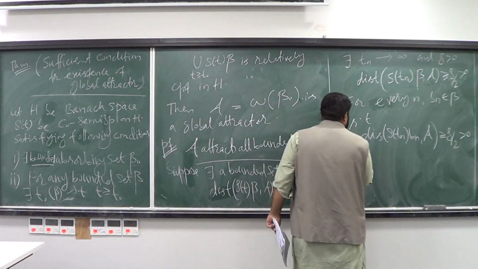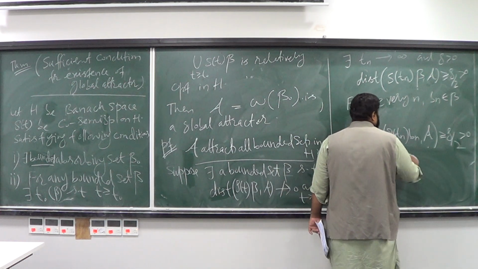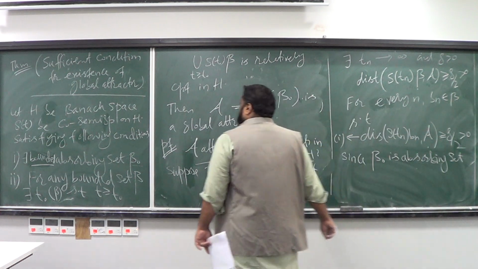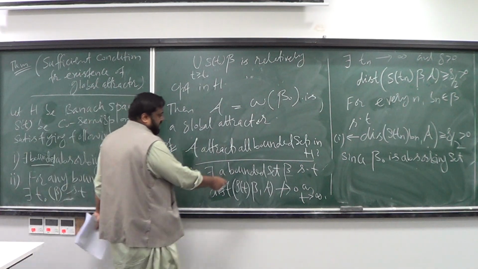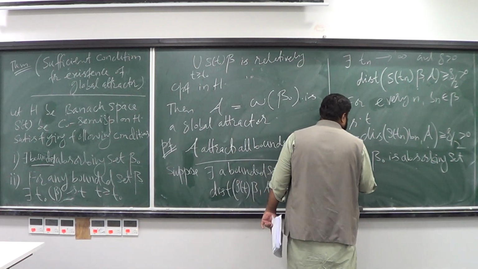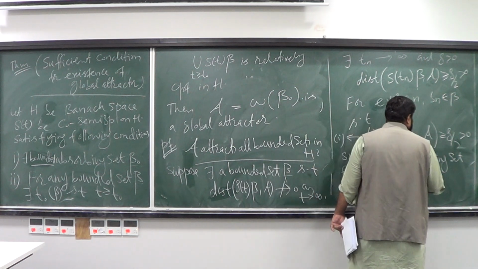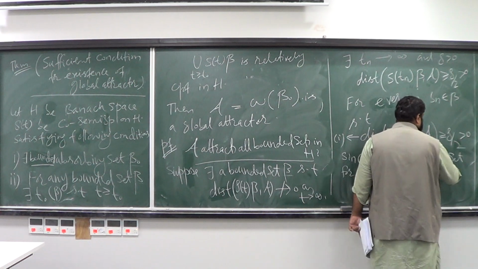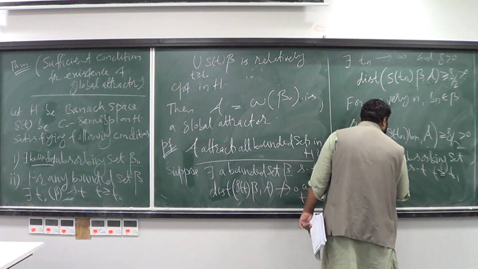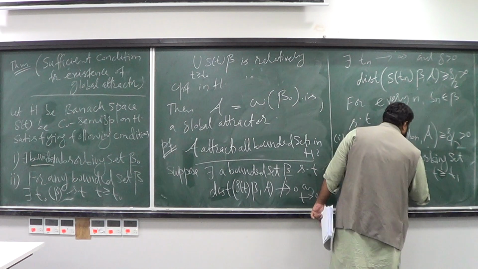Now since we know that B naught is an absorbing set, for this bounded set B, for which we have these conclusions, there exists an instant t1 depending on B such that for all t bigger than or equal to t1, the S of t operated onto B, the trajectory that starts from B, will end up in B naught actually.